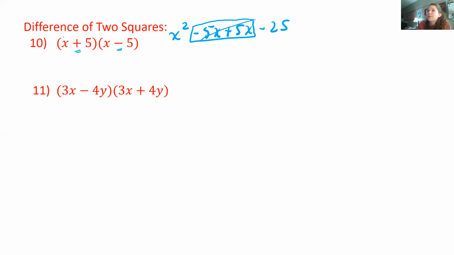And all you have is basically the first number squared, the second term squared, and a minus between them. Because 5 times negative 5 is always negative 25. Okay? And that's going to be a pattern every time. But like I said, if you don't remember that and you FOIL it and then you combine like terms, you're going to get the same answer anyway.